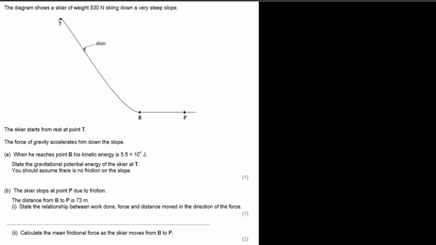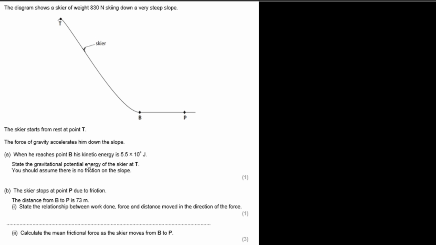Okay, so pause the video to read the question first, before you look at my working. Alright, so the skier starts from T, and with gravity he goes down and reaches point B. At point B, his kinetic energy is this much.